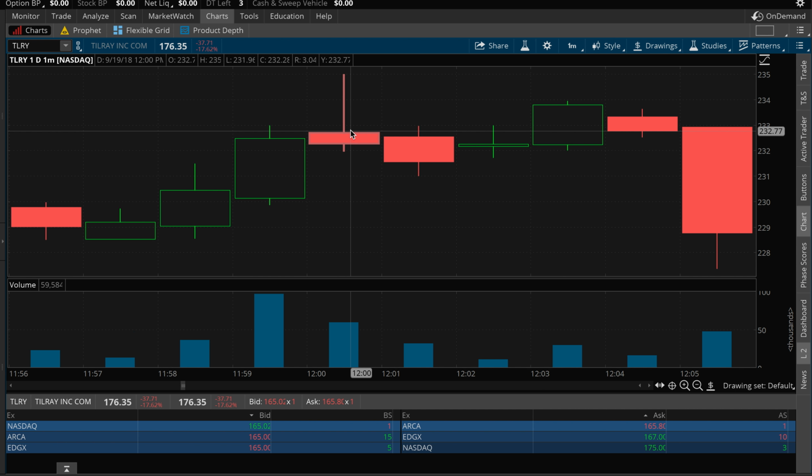So if the stock was above 233 and starts drifting below 233, your order will start to gather shares at 233 or lower. It won't let you pick up shares higher, which is a great thing about limit orders. I always use limit orders when I purchase things.